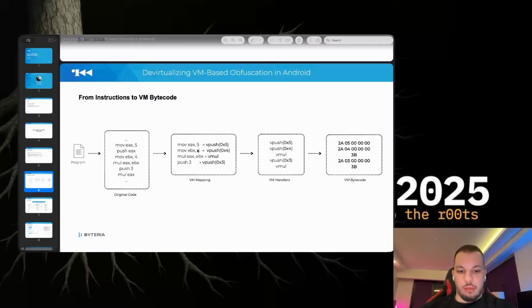The push and multiply instructions become VM-specific opcodes, like 0x2A for push, so the bytecode pushes the value 5 to the stack. In the end, we get something like this VM bytecode, a simple example of how regular code turns into VM bytecode, because we map the original code to VM opcodes. And finally, we have encrypted VM bytecode.